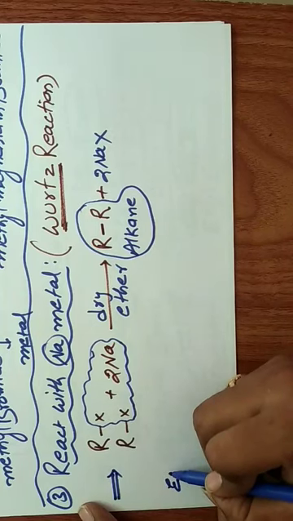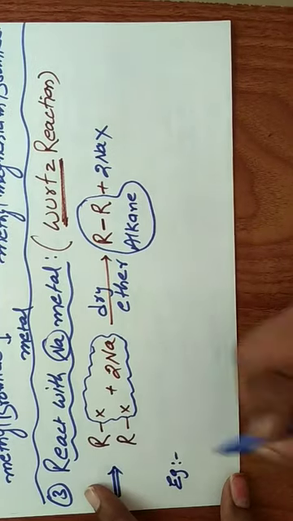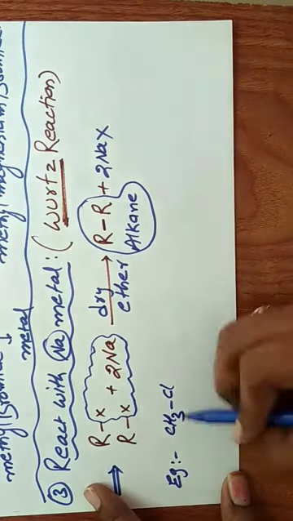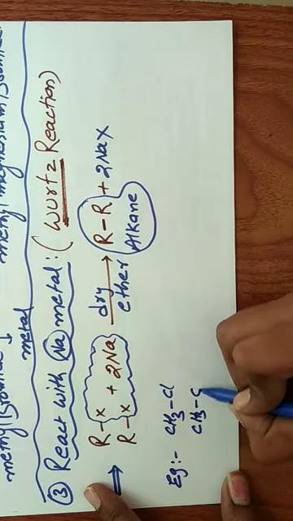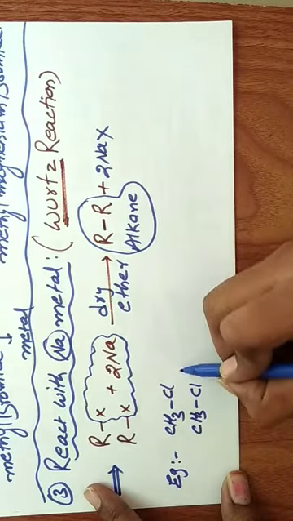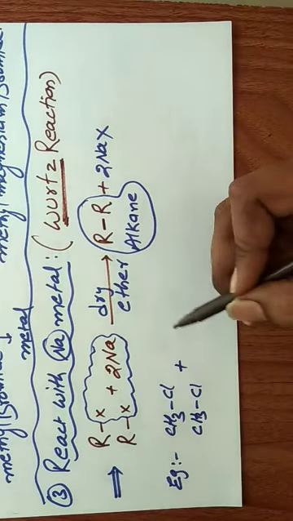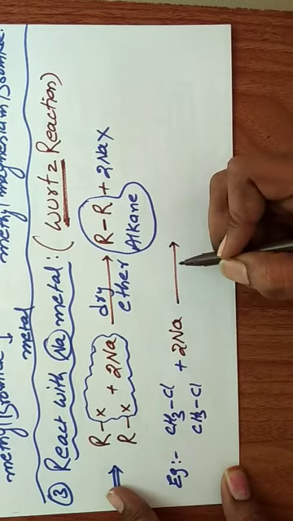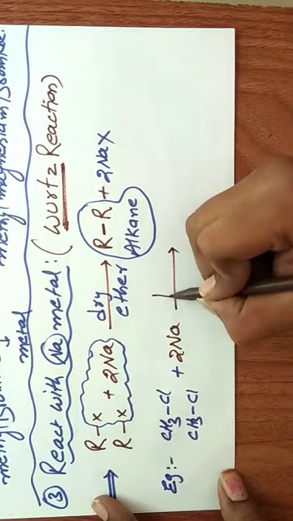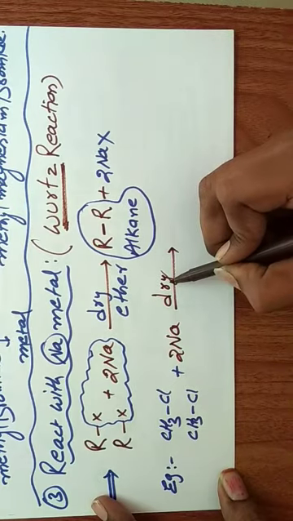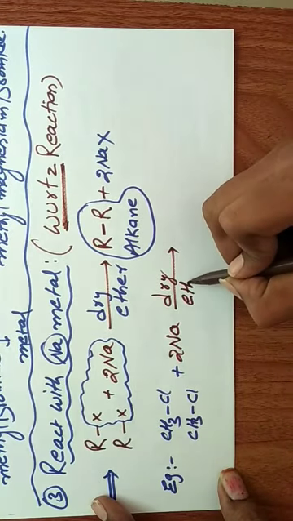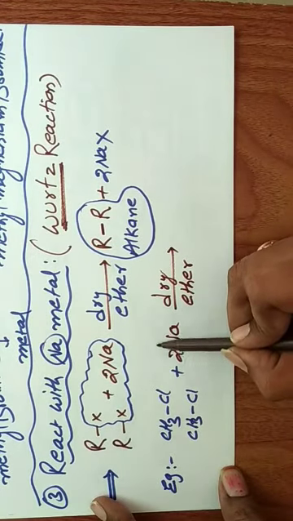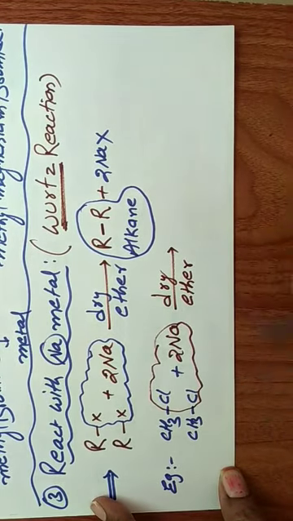Now we discuss an example. First we take CH3 bond Cl, which interacts with 2 moles of sodium in presence of dry ether. Dry means without water molecule. Same principle, this part will be removed.